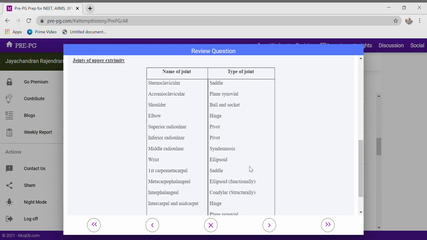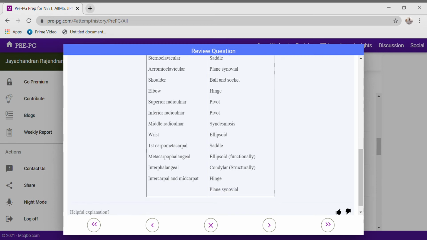Wrist is an ellipsoid joint. First carpometacarpal is a saddle joint. Metacarpophalangeal is not a condylar joint; it is an ellipsoid. So metacarpophalangeal, like the wrist joint, is an ellipsoid variety, which you should remember. Interphalangeal joint is condylar as well as a hinge variety. Okay, that's it.